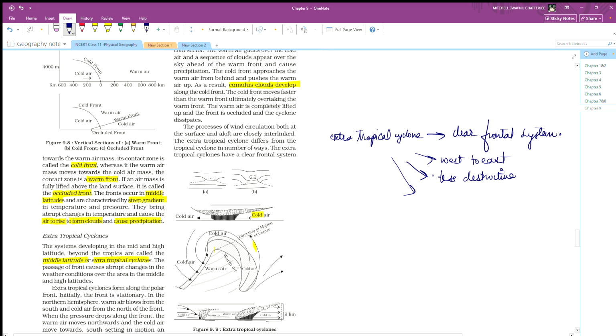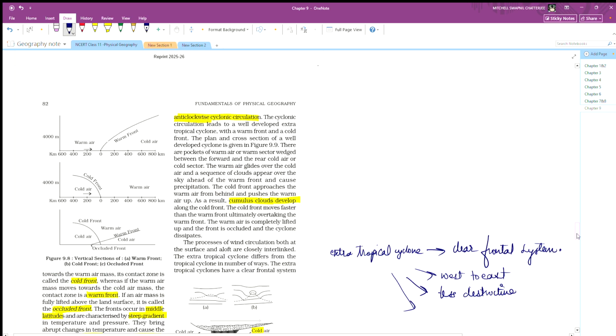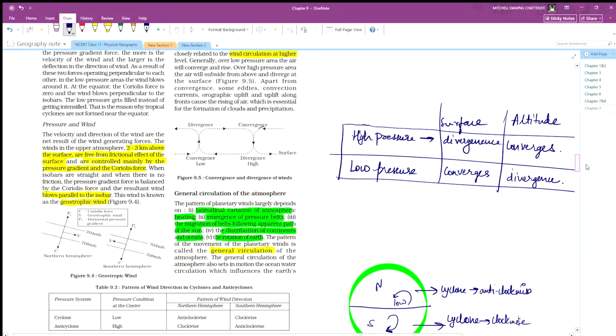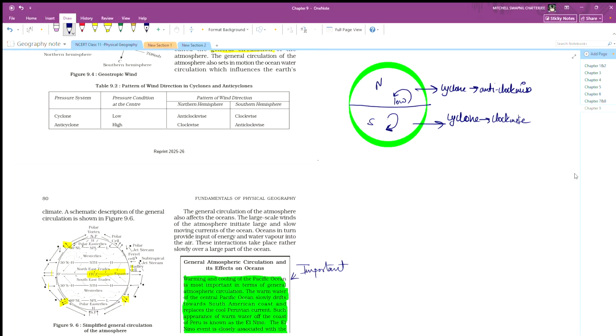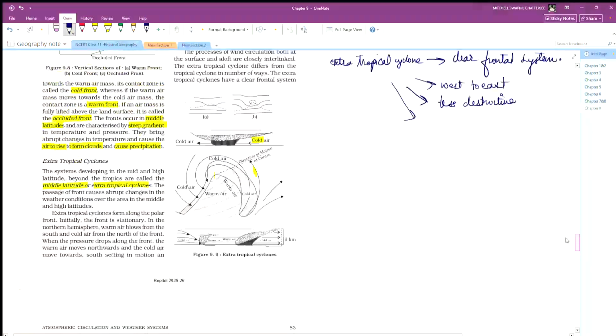Anticyclone, I want to read about the anticyclone, how this is different from the cyclone, because the anticyclone is also anti-clockwise. Let's see. Anticyclone is anti-clockwise in the southern hemisphere.